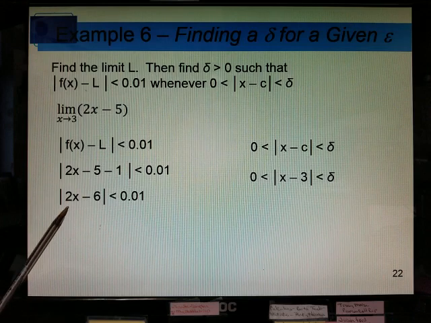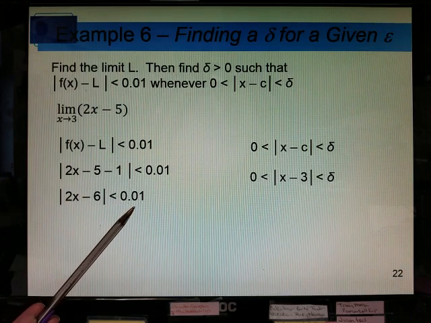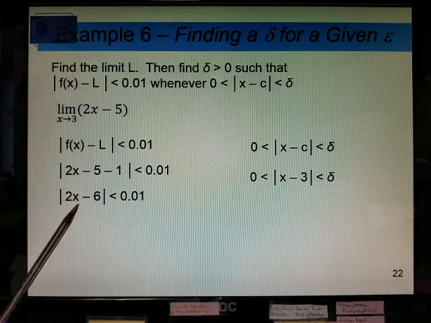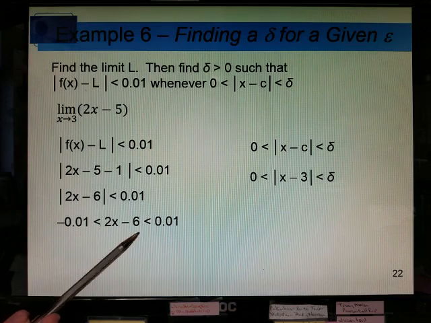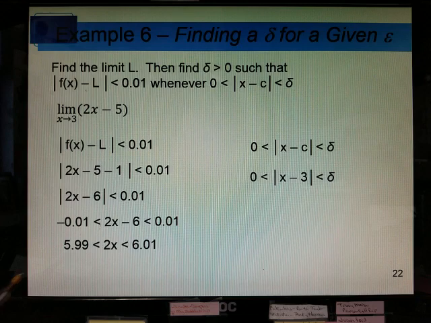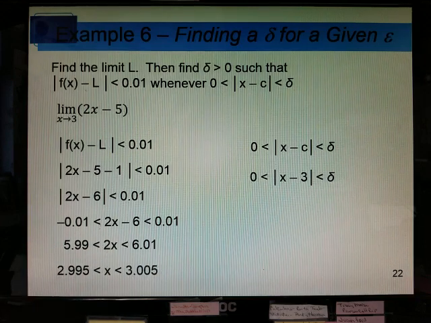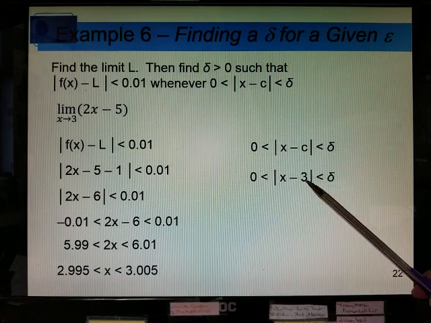So this was the absolute value of 2x minus 6 being less than one hundredth. That would mean 2x minus 6 is between negative one hundredth and positive one hundredth. Add 6 to both sides. Divide both sides by 2. Now what we're looking for is how far off each of those x's is from 3.